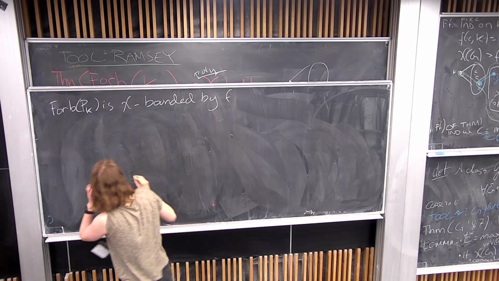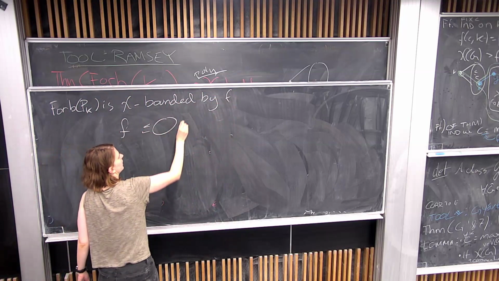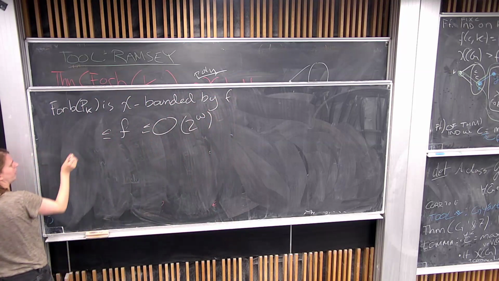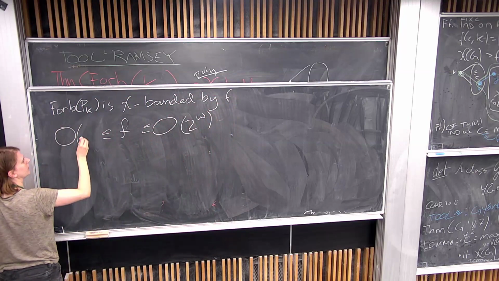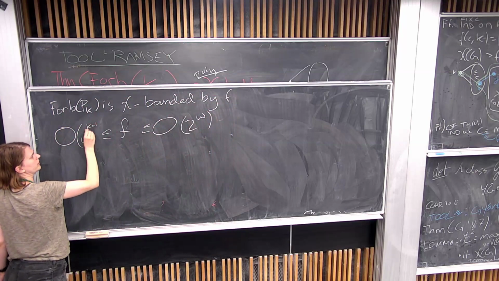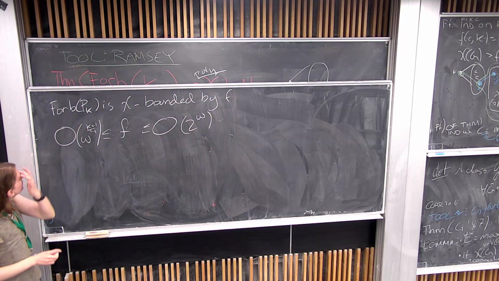We have a theorem from Gyárfás that f is at most O of 2 to the omega, and at least, I'm going to get it slightly wrong, something like omega to the (k+1)/4, something linear in k.